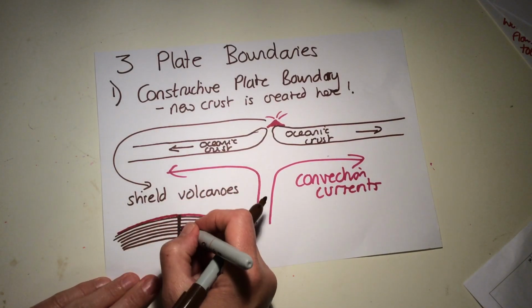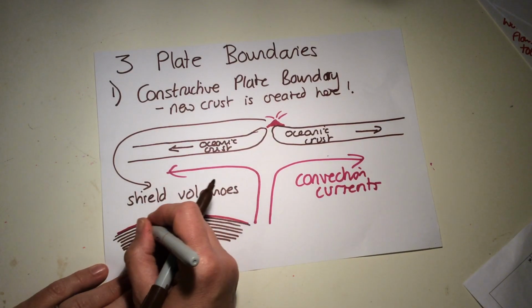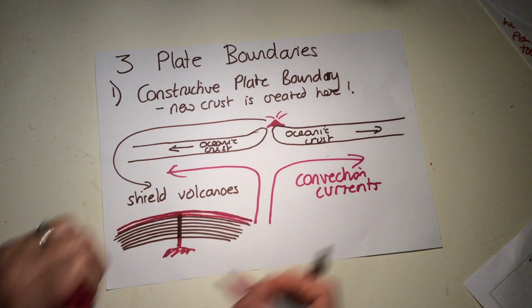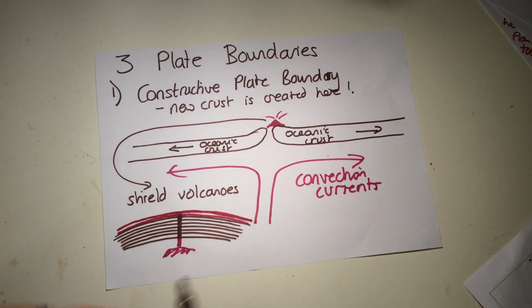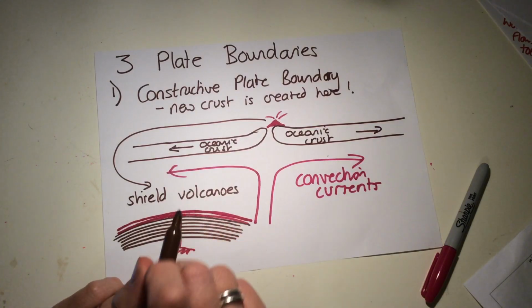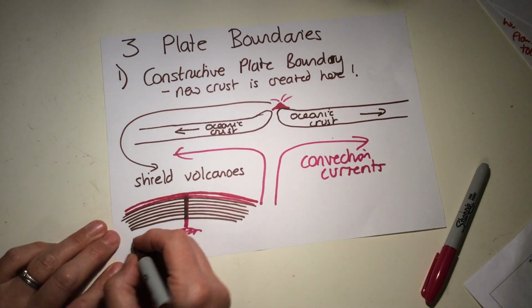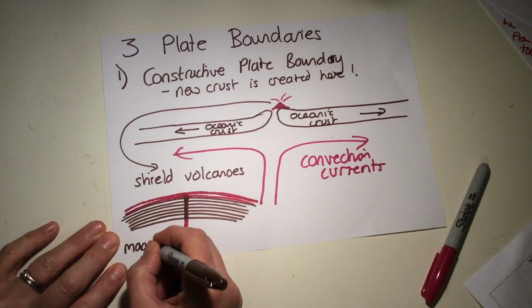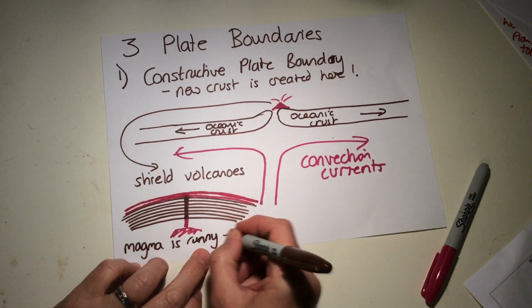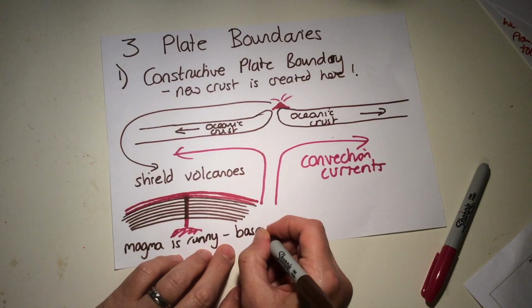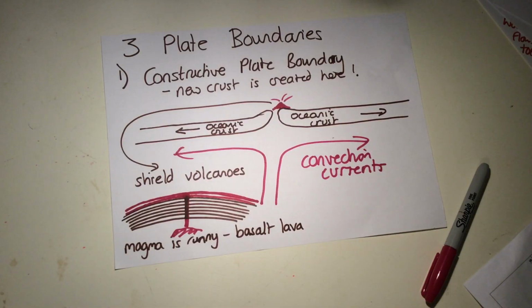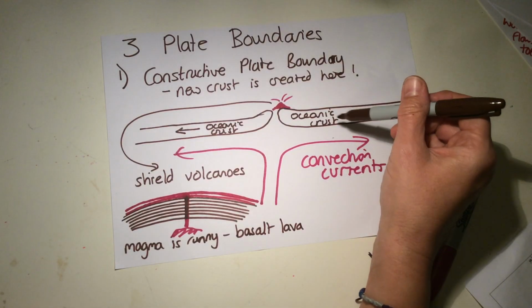Then the next layer rises up, flows and flows, all down, creating this gently sloping volcano, and then goes hard. Over time these get bigger and bigger, and they can be absolutely huge. The reason they form like this is that the magma is runny and it travels a long distance. It's called basalt lava, and it creates basalt rock, which is what oceanic crust is made of.